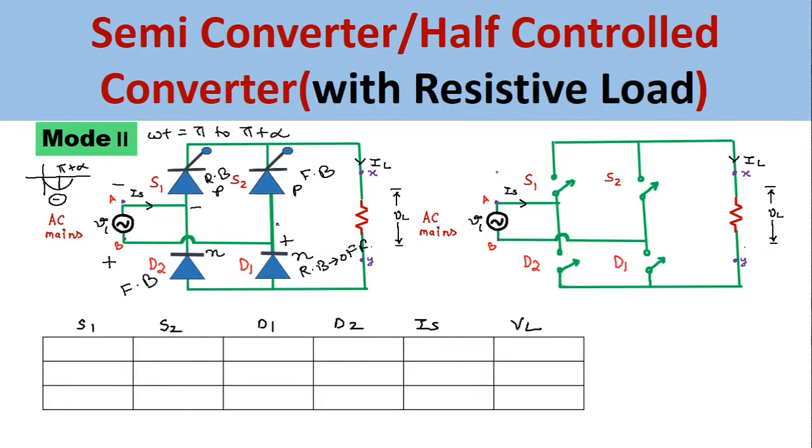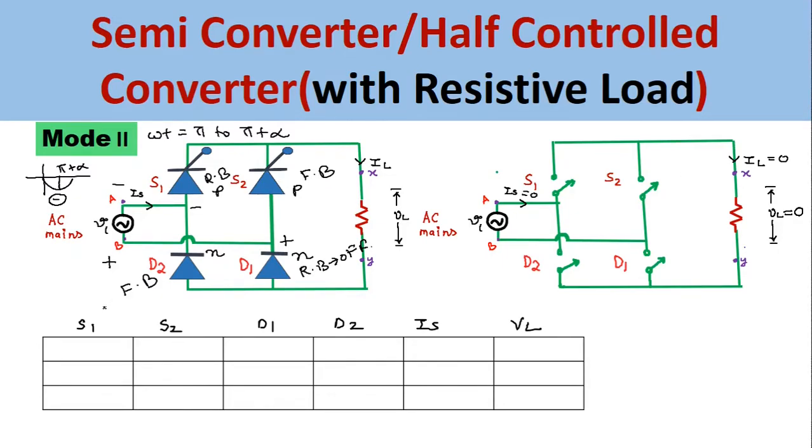Therefore, all these devices S1, S2, D1, D2 will act as open circuit here. That means the input main circuit will be disconnected from the load circuit here. So what happens? The source current Is will be equal to 0, the load current will be equal to 0, and since the load is disconnected from the source, the load voltage is also equal to 0 here.